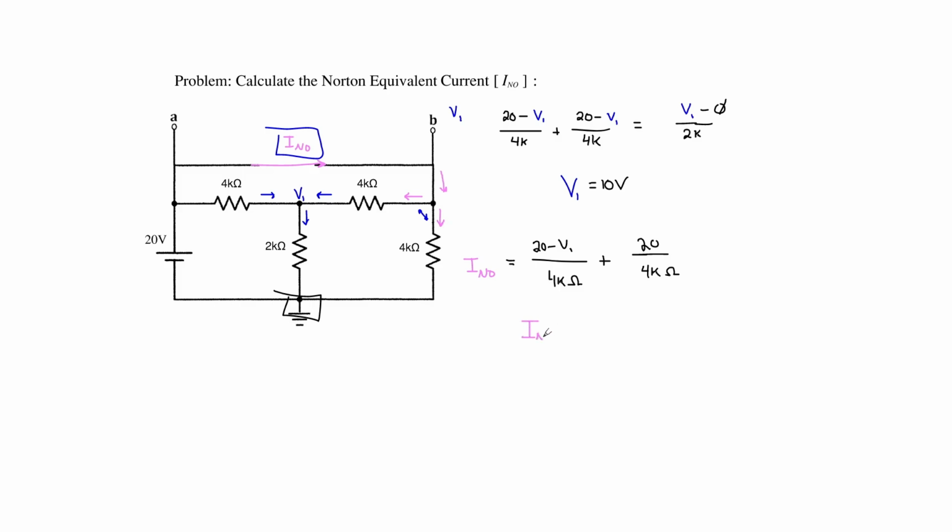Plugging in our variables and solving, we were able to conclude that our I_N is equal to 7.5 milliamps. And that is our Norton equivalent current for this problem.